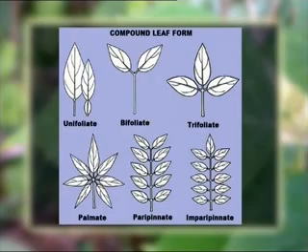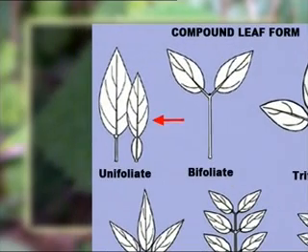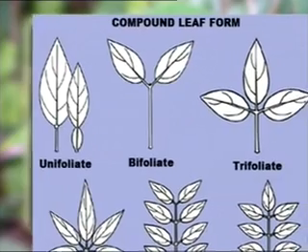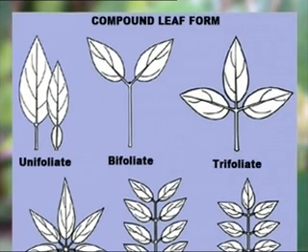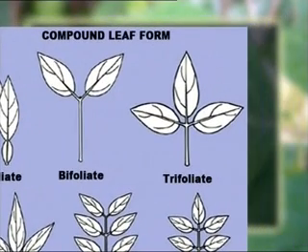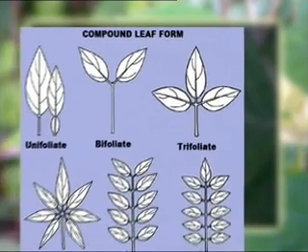Now, unifoliate. A single leaflet is articulated to the petiole. For example, in citrus, lemon, etc. Now, bifoliate. 2 leaflets are articulated to the petiole. For example, in Balanites roxburghii. Trifoliate. 3 leaflets are articulated to the petiole. For example, Aegle marmelos.